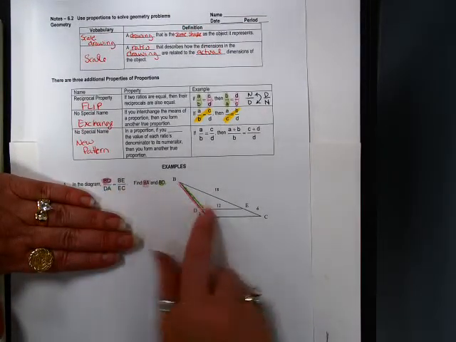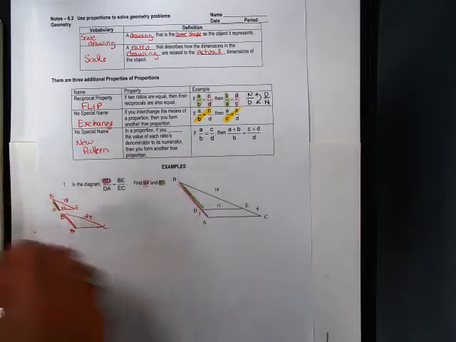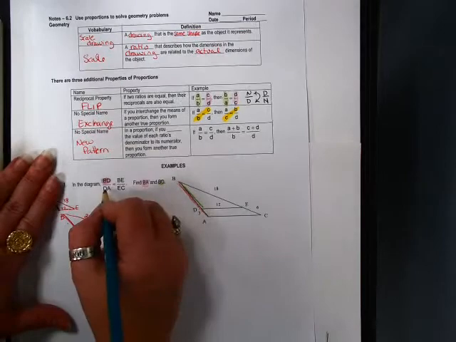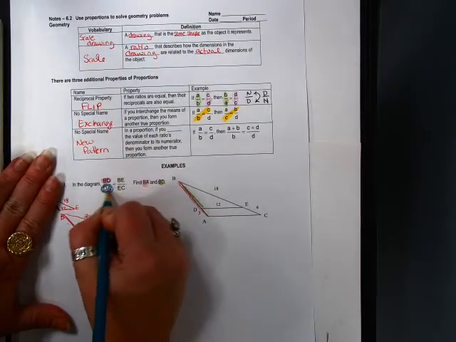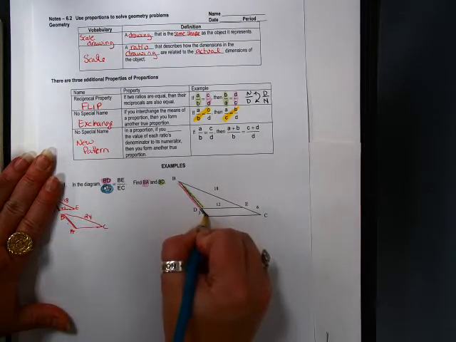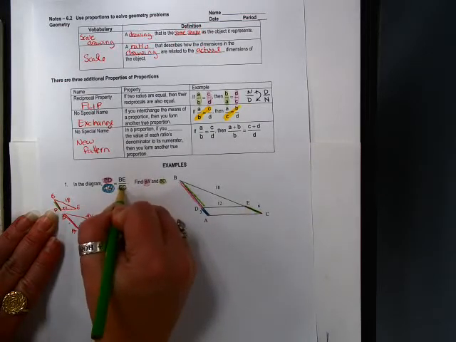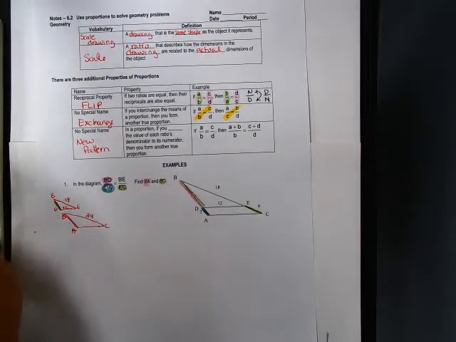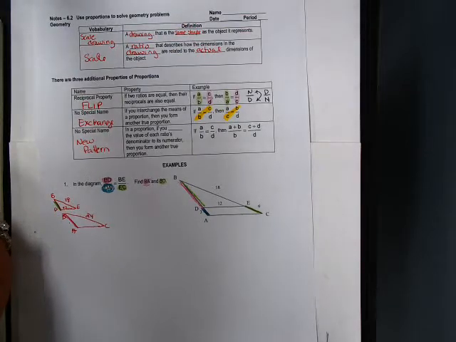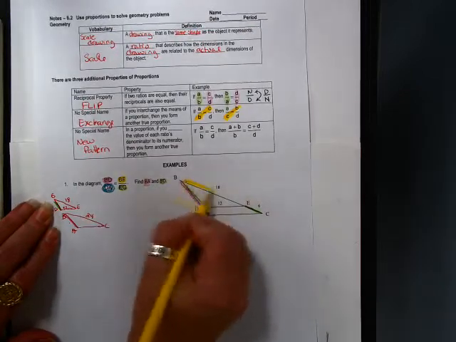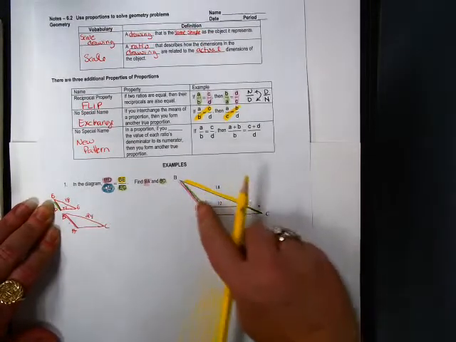But BD, which is from here to here, and I'm going to choose blue for DA, which is this guy right here, and then EC, which is this guy over here, EC, and then let's see here, like yellow for BE.